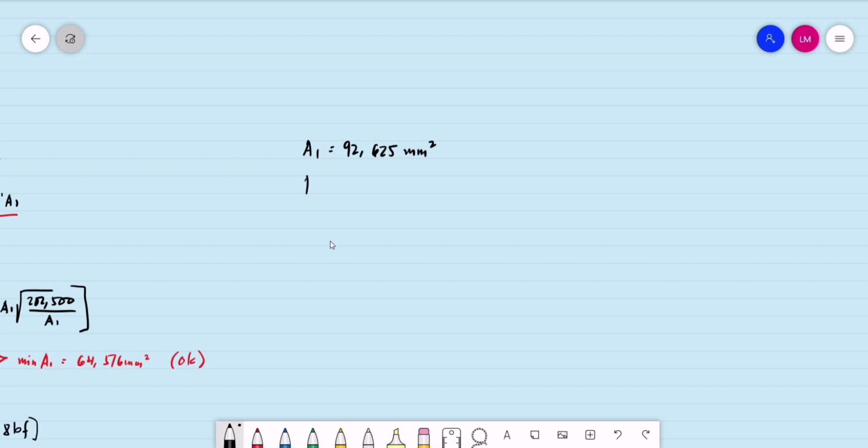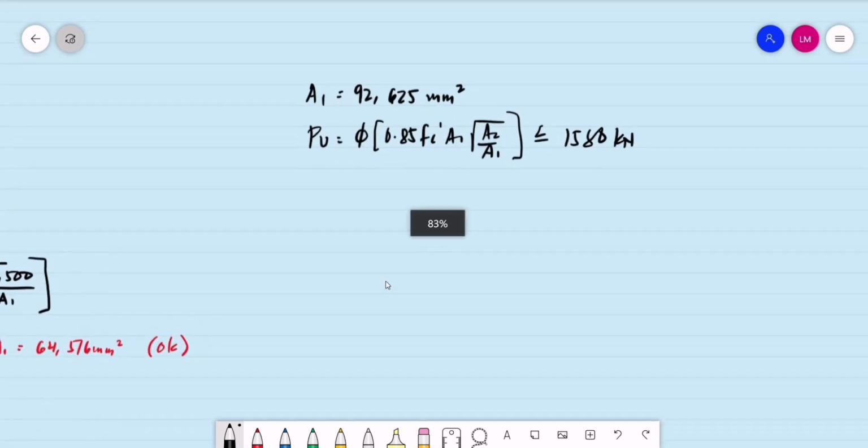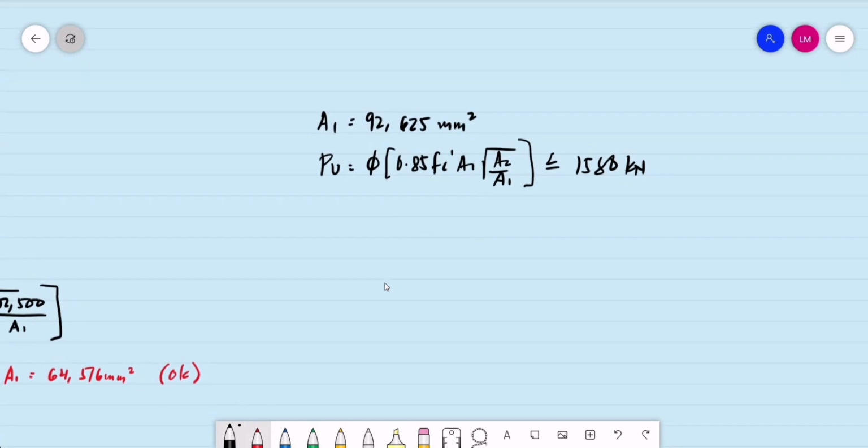So computing for its capacity, phi P_p is phi multiplied by 0.85 of f'c times area 1, times the square root of area 2 divided by area 1, and it should be greater than or equal to 1,580 kilonewtons. So let us do our checking.